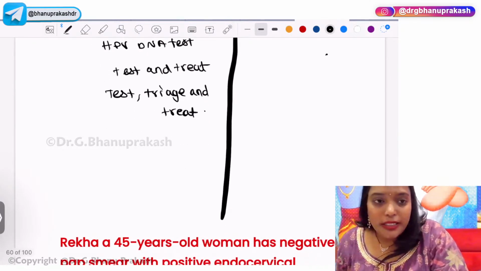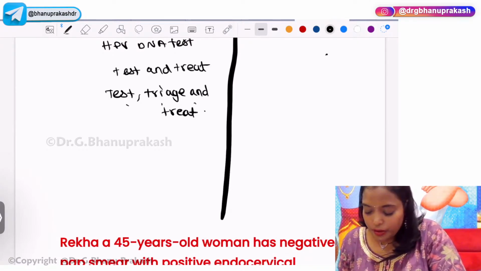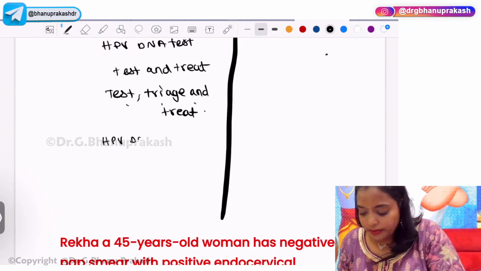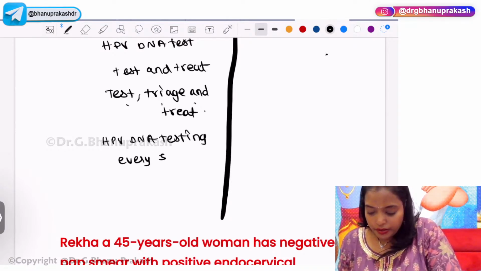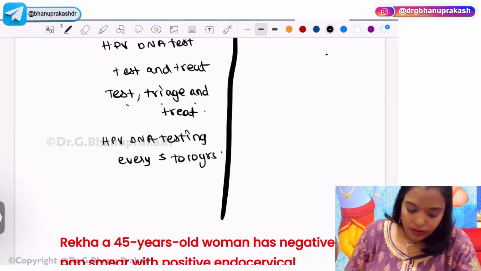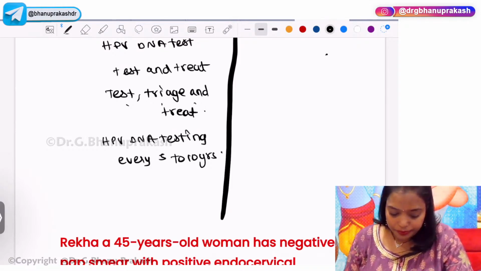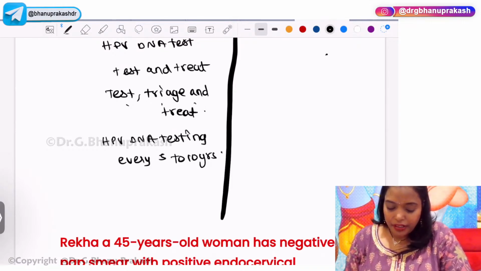So in test, triage and treat, you can do HPV DNA testing every 5 to 10 years.